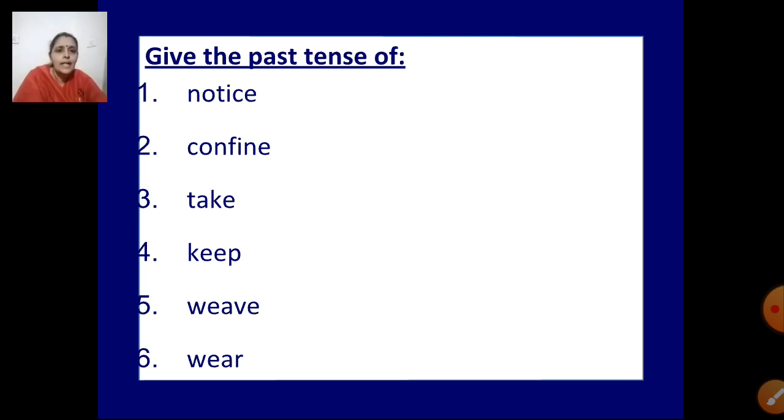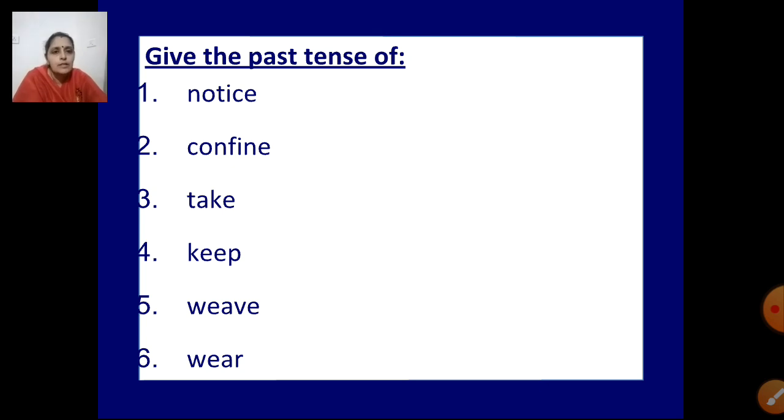After you've done it, I'll show you the right answers. Yes, and you can check whether you have written it correctly. The first word is notice. Second is confine. Third one is take. Fourth is keep. Fifth is weave. And sixth is wear.